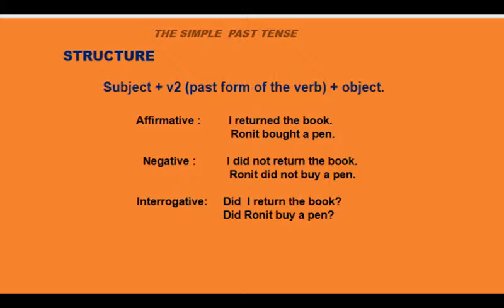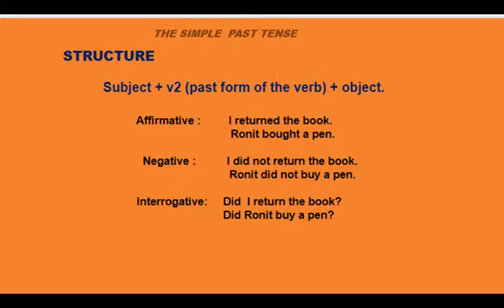Just notice one more important thing, that is do, does, did always take the base form of the verb. So here I did not return. Return is the base form, that is present form of the verb. I did not return the book.